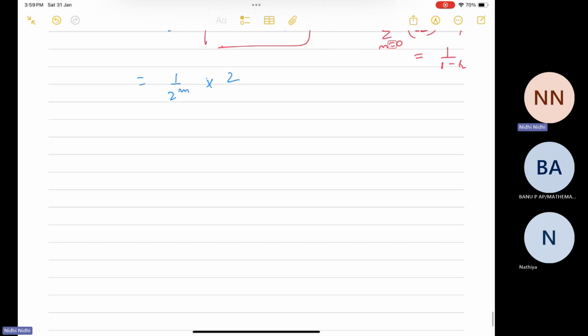So this implies mod a_n minus a_m is less than or equal to 2 upon 2 to the power m.